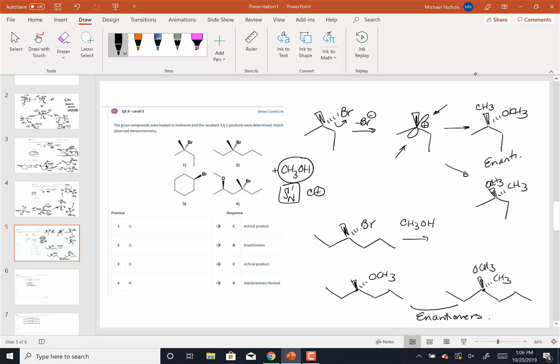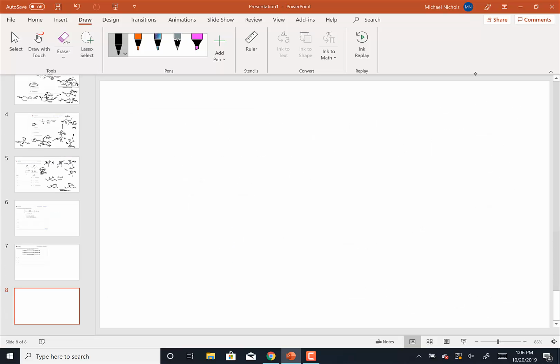Okay, for the cyclohexane, I'll put this hydrogen in. We're going to lose the carbon-bromine bond. What you can see here is that we're going to end up with a carbocation. Sorry, it's actually not chiral.